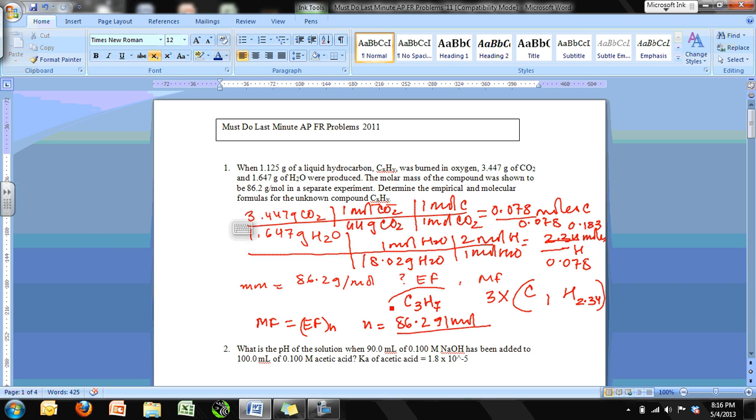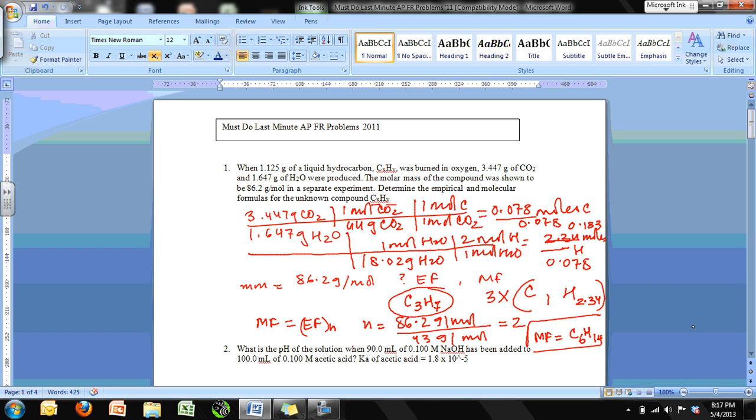So 12 times 3 plus 7 gives you about 43 grams per mole, which gives you a factor of about 2. If you take the empirical formula times 2, you get the molecular formula. So its molecular formula will be C6H14. And that is problem number 1.